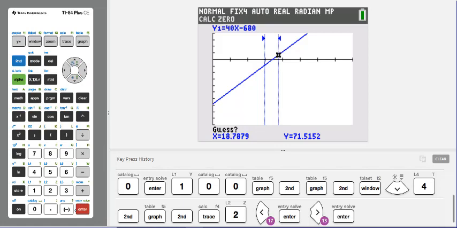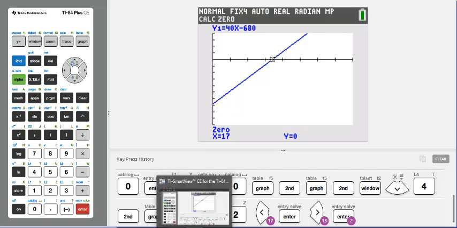If I hit enter, I have given the calculator the window between which my y value is 0. It says guess. I'm not guessing, I'm just going to hit enter. It tells me at 17 is my x-intercept. The x-intercept is when y equals 0. It's at 17. So we can find it on the calculator.